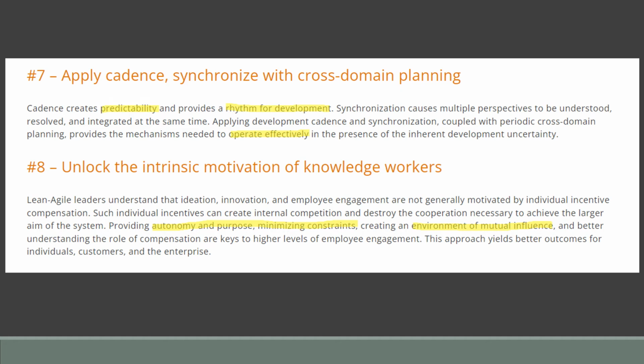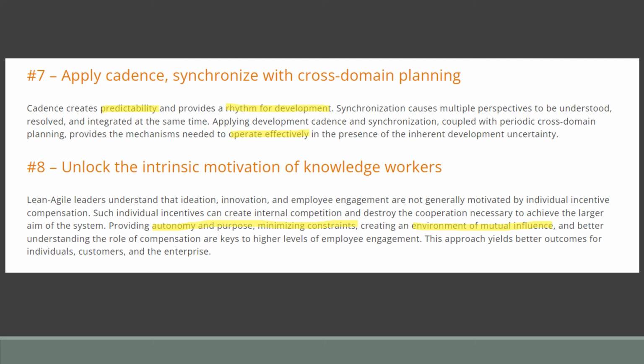That provides a mechanism to operate effectively in terms of uncertainty. You might have encountered a lot of uncertainty in development. So this cadence of delivering periodically, integrating with your customers and synchronizing with multiple perspectives will help you to operate effectively.